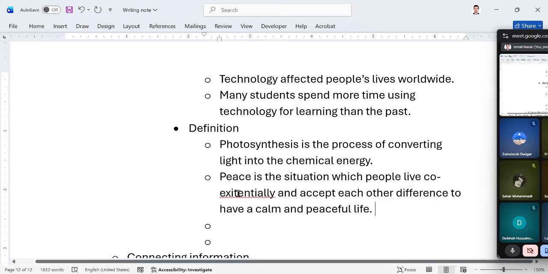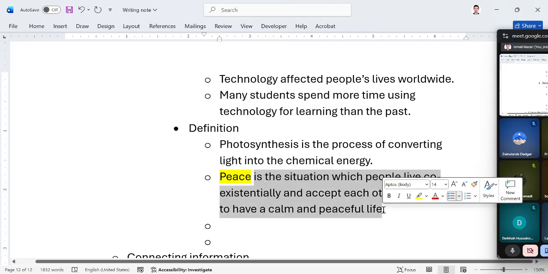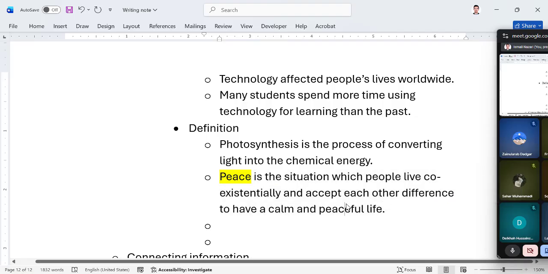That's what we have. So here we are exactly discussing what is peace. Peace is the main topic. The rest are giving definition to that. So it can be a hook. Definition can be a hook as well.